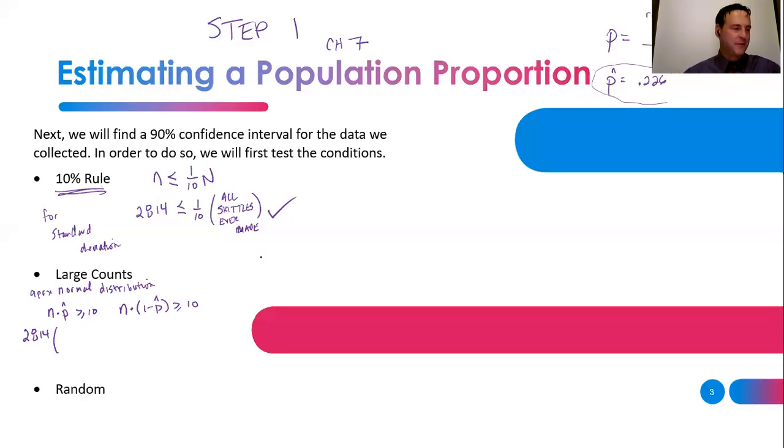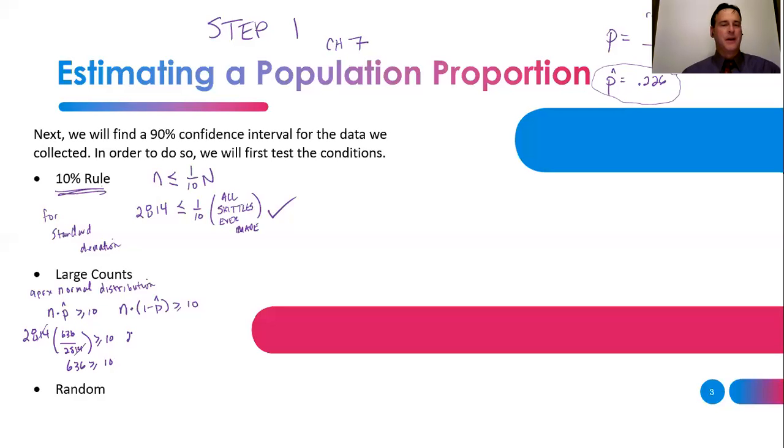You're like, why would you want to make an ugly fraction and write 636 over 2,814? Well, the big reason is that as I do this work, these will cancel out. And 636 is definitely bigger than 10.